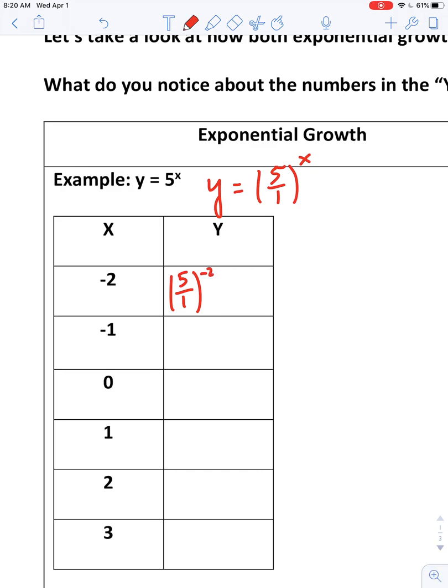Now if I take 5 over 1 to the negative second power, well, what do I do with negative exponents? Well, that makes me flip that fraction. So I'm taking 1 over 5 to the second power to get rid of that negative exponent. And 5 to the second, or 5 squared, is just 5 times 5, which is 25.